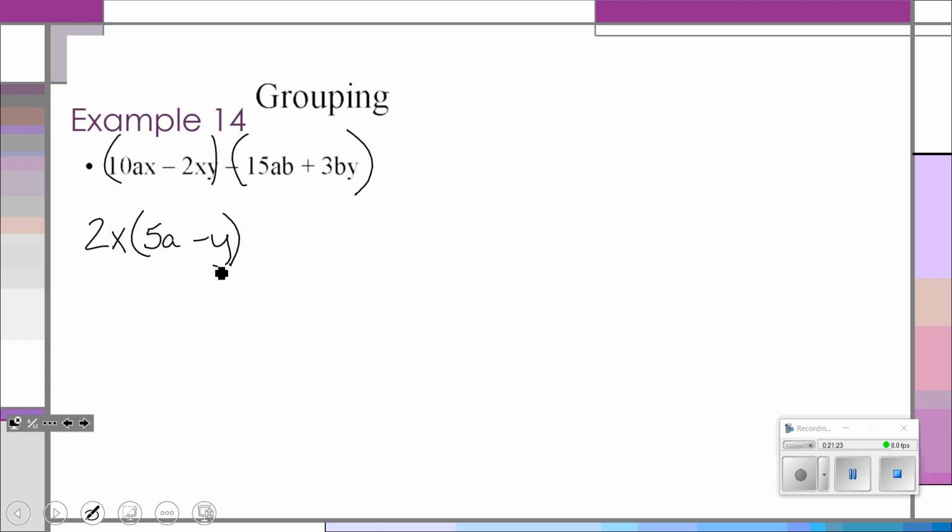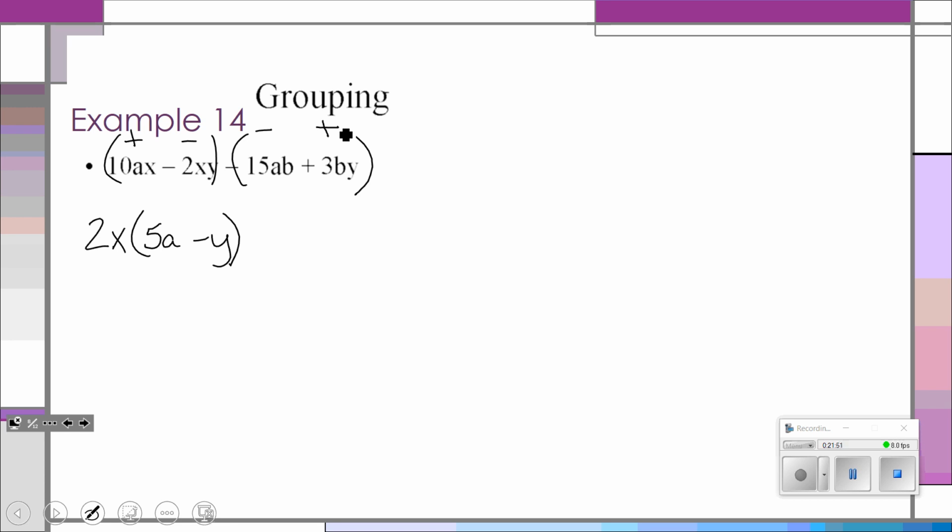Okay? What can I take out from the second one? A 3b. And specifically, I need to take out a negative 3b. You know why I need to take out a negative? Because look at my signs here. I have a positive and then a negative. Here I have a negative and then a positive. And I'm going to need to make sure that they match.